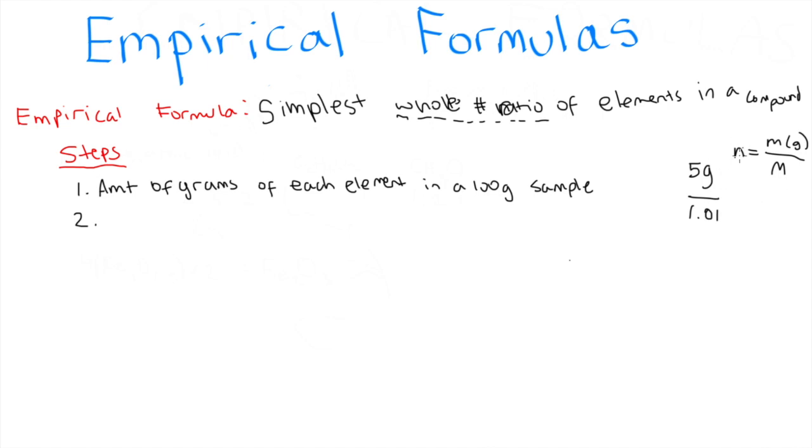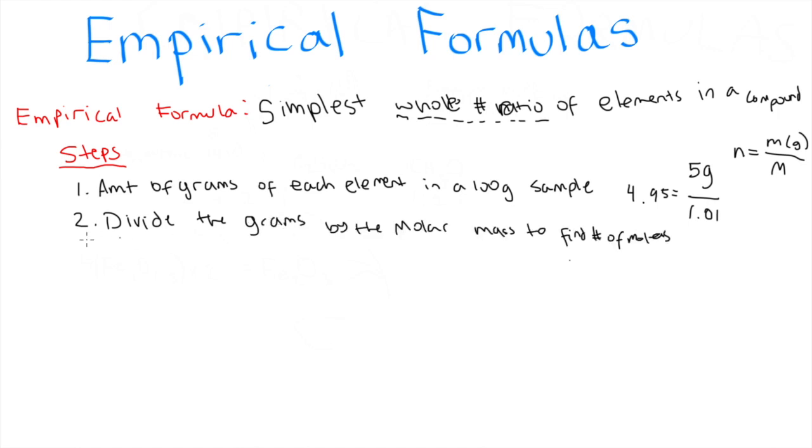So this will give you the number of moles in the sample. In this case, it would be roughly 4.9, or more specifically, 4.95. But that's not really adding to the point.